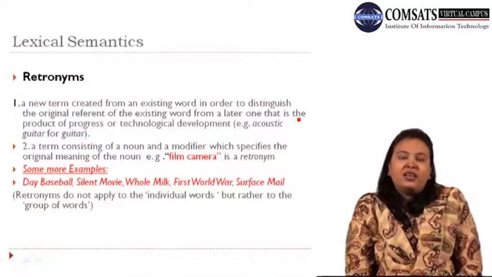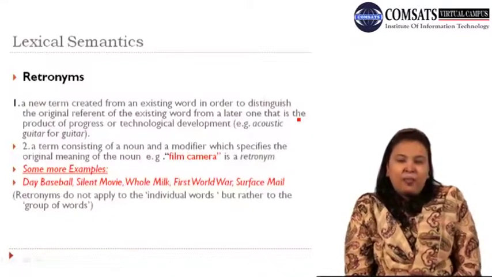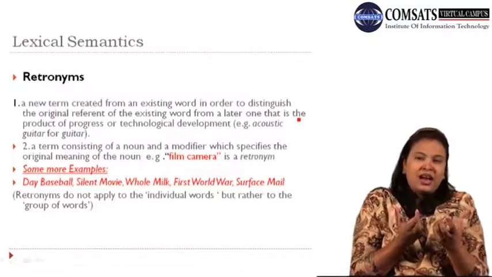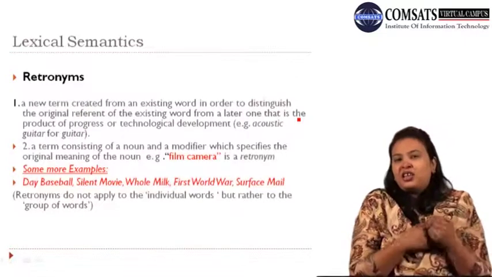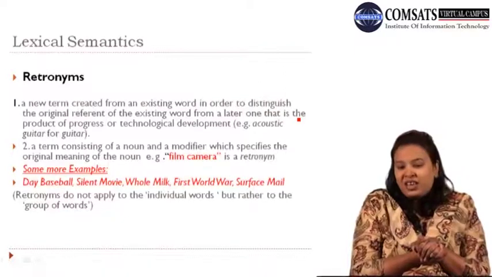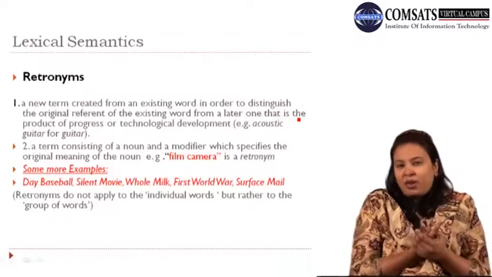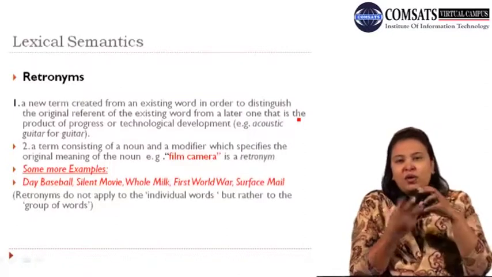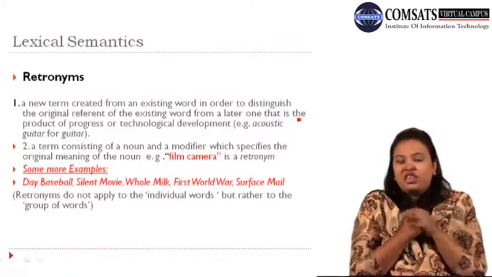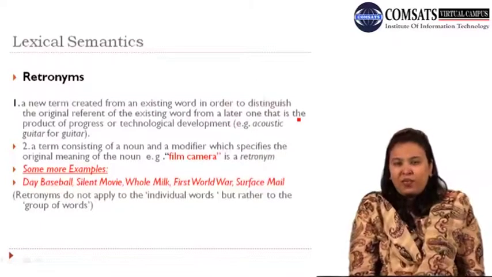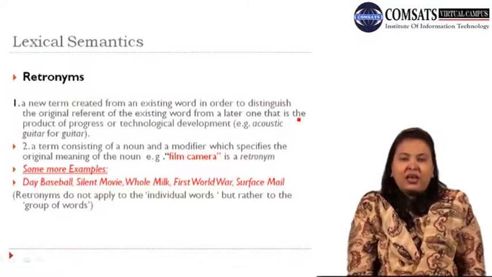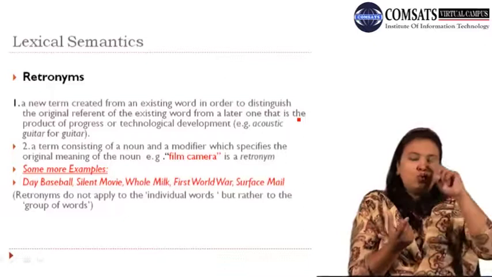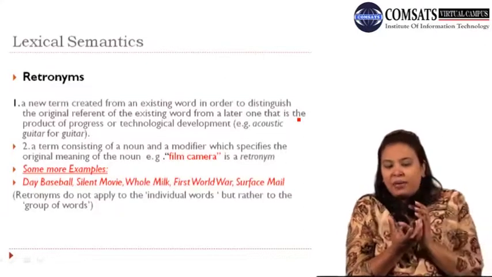What has happened is that some word was existing, but with that word we added another word, and it happened because of some technological development or some product of progress. So we had a word and we added another word and made a new word, and such a combination is known as a retronym. For example, film camera. Now we know what a camera is, but the camera that is used to make films is known as film camera.